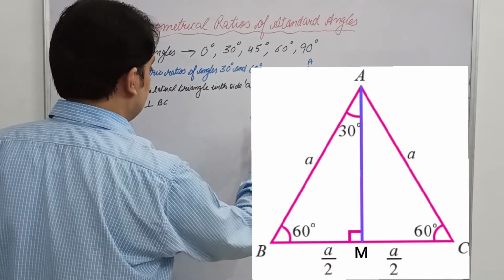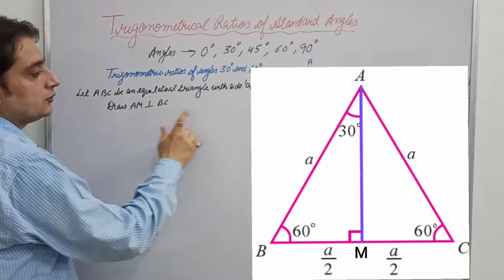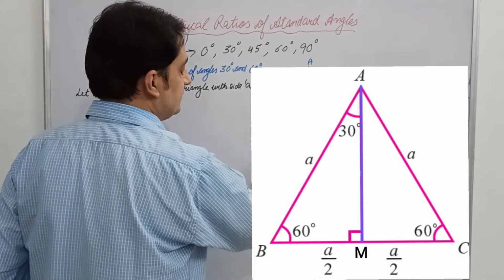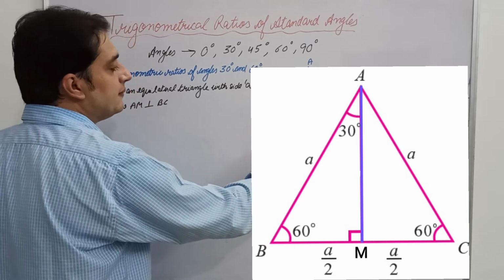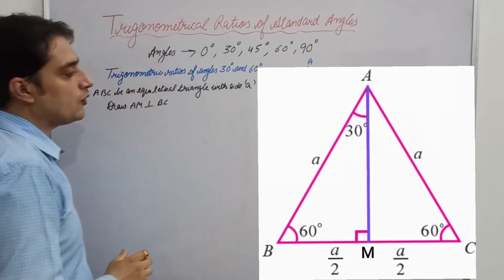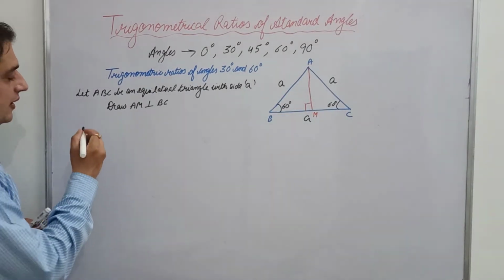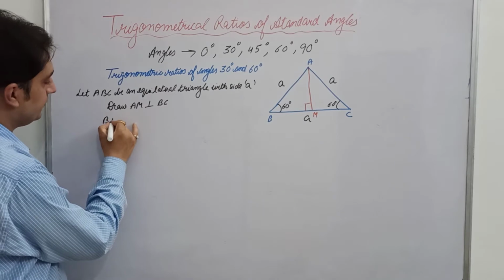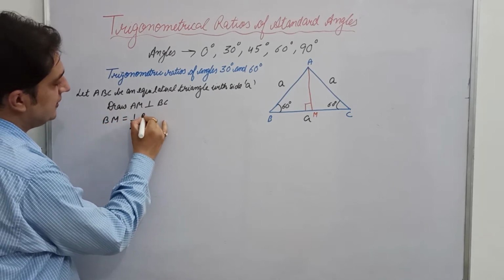So when you draw the perpendicular from A to its opposite side BC, it bisects BC at M, which means it divides BC into two equal parts, and you can write BM is half of BC.